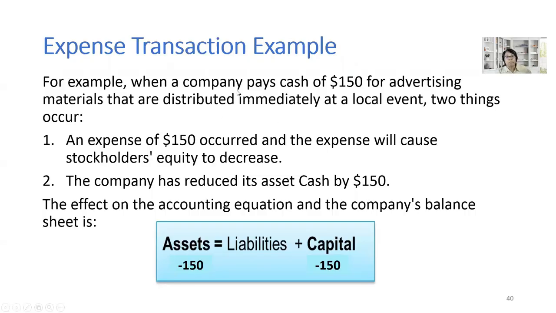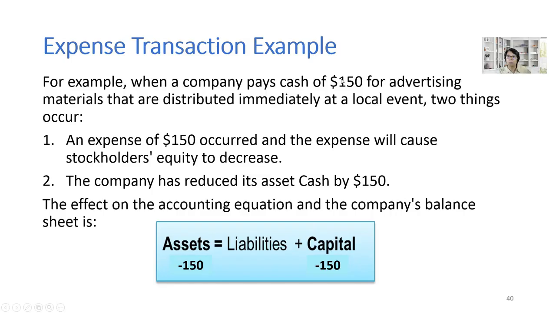So you're going to pay $150 for advertising materials for your company. Let's say you are the bookkeeper, but you said, oh, I need clients, so I need to advertise.